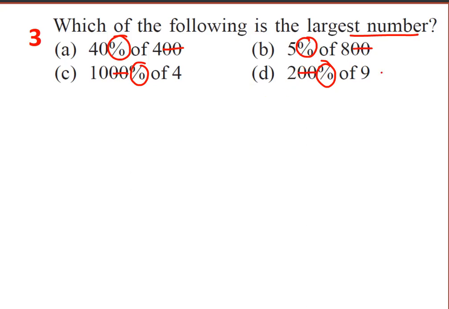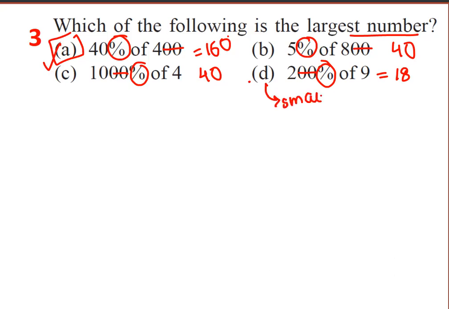So basically this is 18, this is 40, this is 160, and this is 40. So the largest number is option A, 160, and the smallest number is option D.